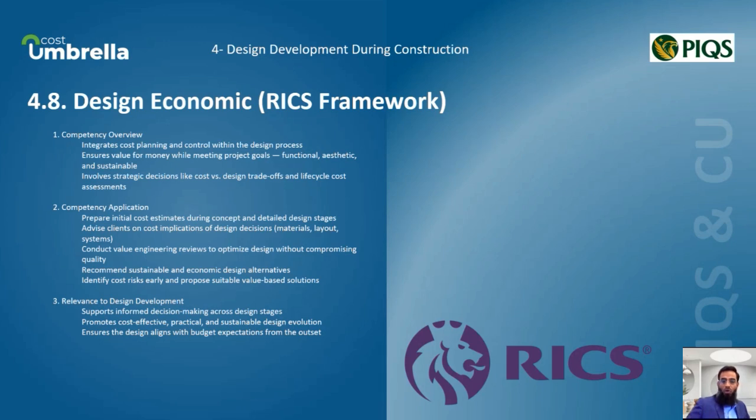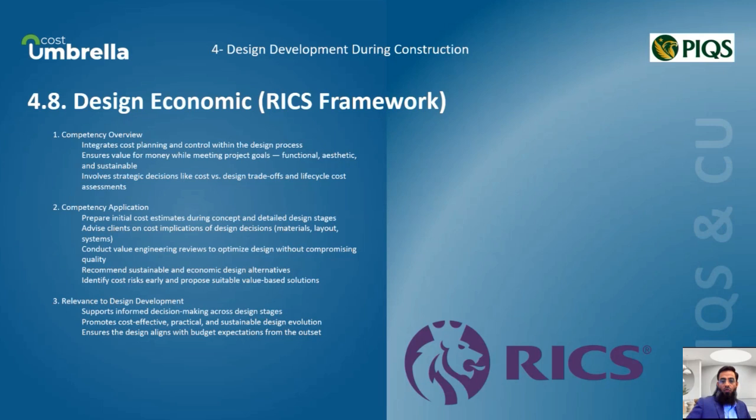Whether it's opting for a modular system, selecting a facade treatment, or changing the spatial layout, each decision can significantly affect the cost and long-term value. At every design milestone, concept, schematic, and detailed, cost advice must be provided to ensure that what's being proposed aligns with the budget and delivers optimum value.